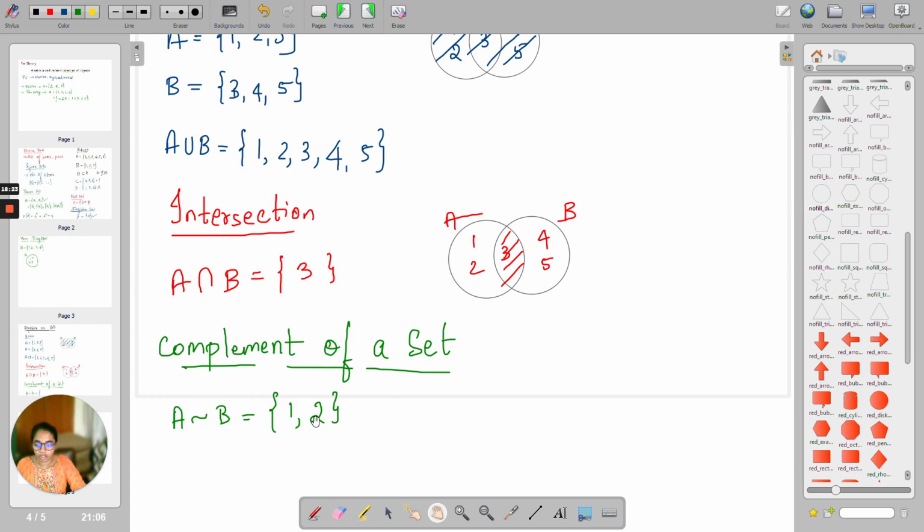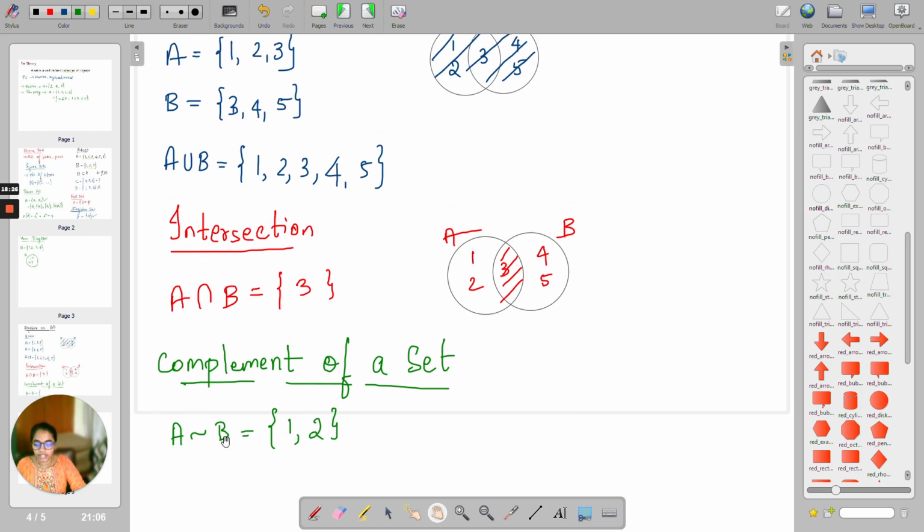Yes, what is complement of a set? If I write A complement B, that would be you write all the elements of A, but you discard the elements that are common to B. Yes, so I wrote only 1 and 2. I did not write 3 because that is common in A and B. What would B complement A be now?